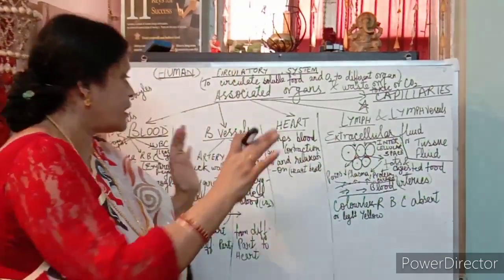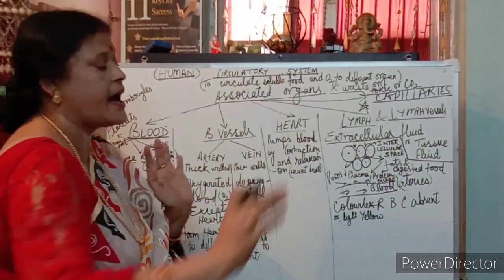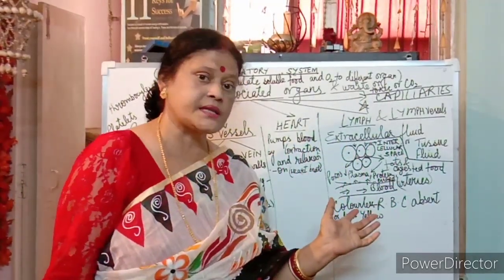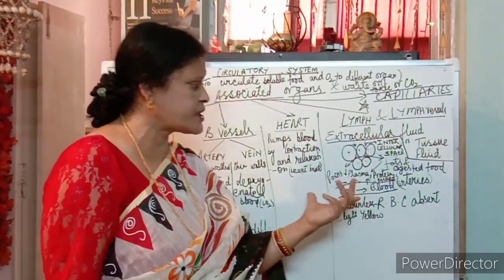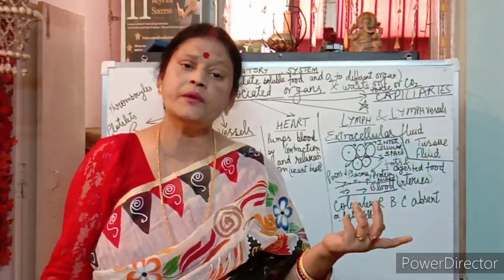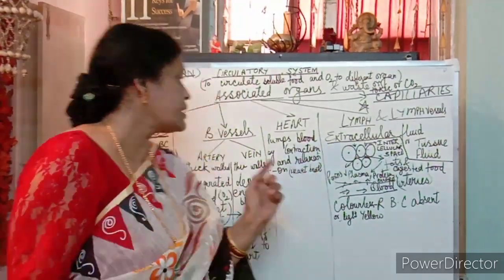Right, students? The associated organs are blood, blood vessels, heart, lymph and capillary. The lymphatic system is another blood circulation system, but not in your syllabus. Only this much is there: what is lymph, how it is formed, and what is the color. Right? Now I am going to start with the heart.